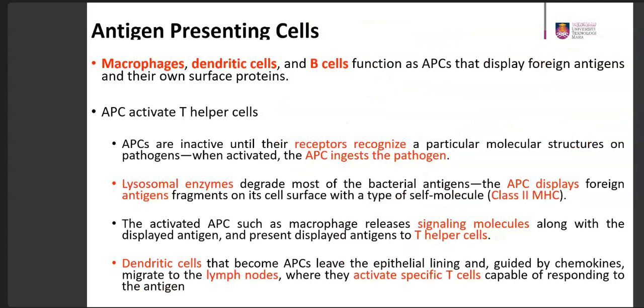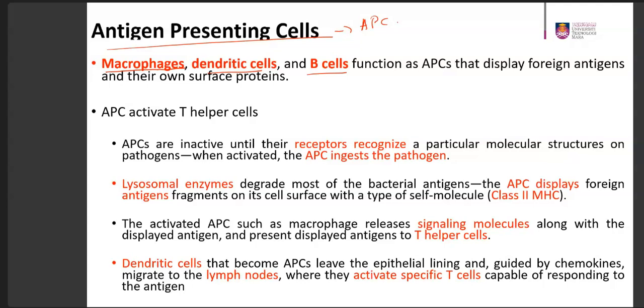Okay, now we are going to look at the antigen presenting cell, or APC. As I said, there are three possible cells that will become APC: macrophage, dendritic cells, and B cells. These are cells that will engulf or internalize the pathogen. After the pathogen is engulfed, it will be destroyed, or degraded into antigen fragments.